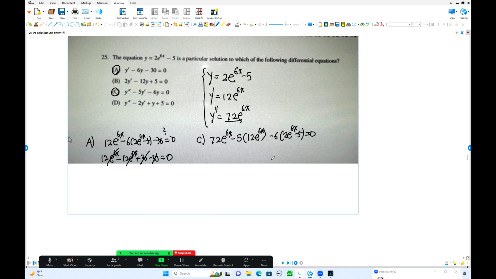Check it out. 72 e to the 6x, minus 5 times 12 is 60 e to the 6x, and 6 times y is 6 e to the 6x minus 30. The e terms don't cancel out, and 30 is not equal to 0. So only choice A works.